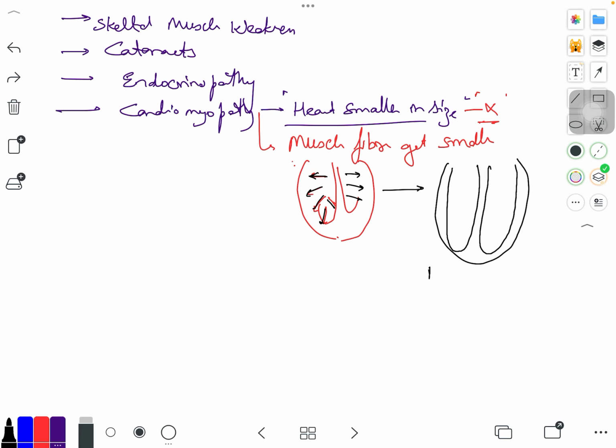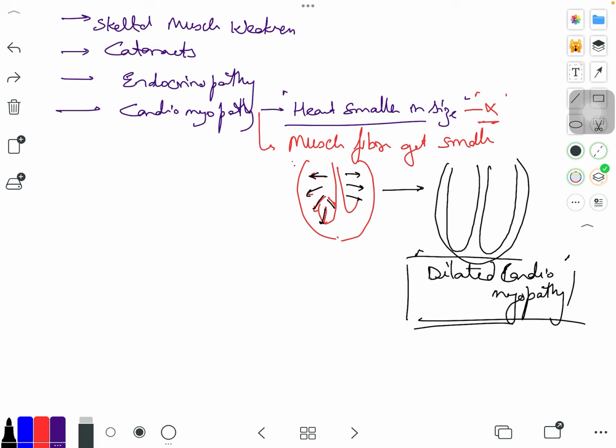This is also called dilated cardiomyopathy. Other signs and symptoms will be according to dilated cardiomyopathy. Now, enlargement of ventricles.